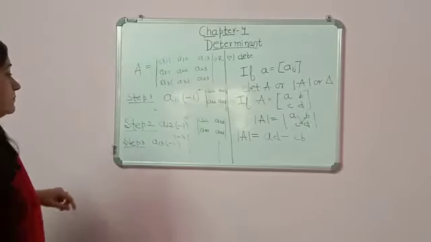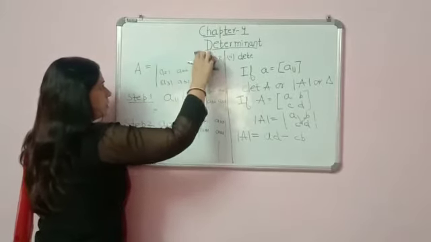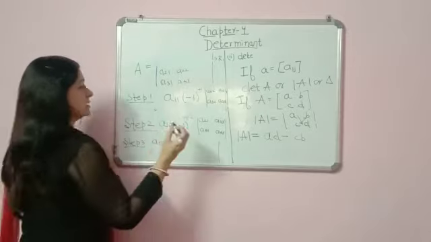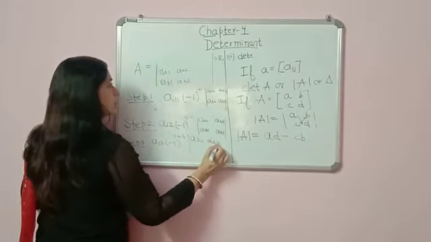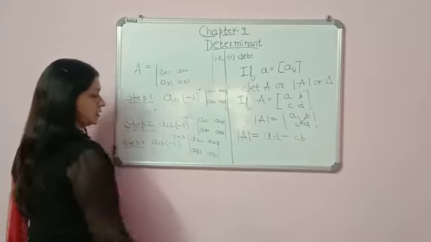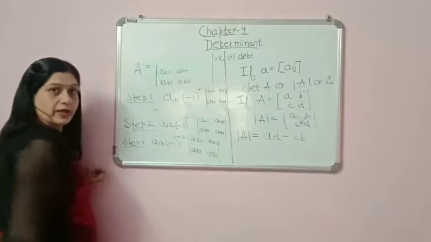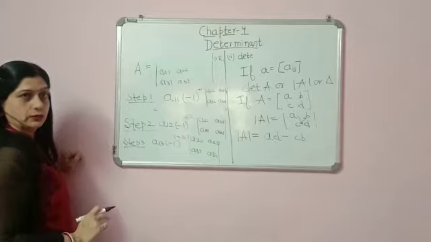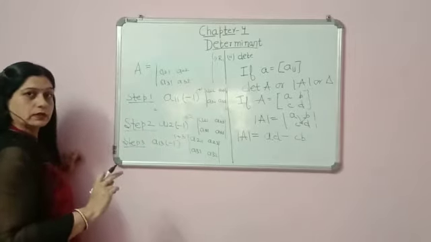Now, the row to which it belongs is this one, and the column to which it belongs is this one. So the remaining submatrix is a21, a22, a31 and a32. All these three values you have to find and then find their sum, which will give you the value of this determinant of order 3.